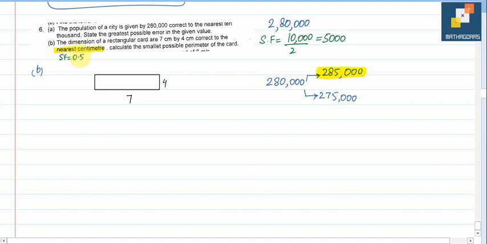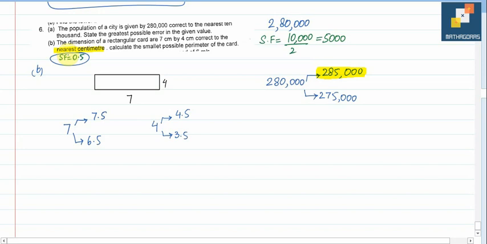Calculate the smallest perimeter. So first, for 7, the upper bound is 7.5 and the lower bound is 6.5. For the length 4, the upper bound is 4.5 and the lower bound is 3.5. Why are we adding and subtracting 0.5? Because the scale factor is 0.5.